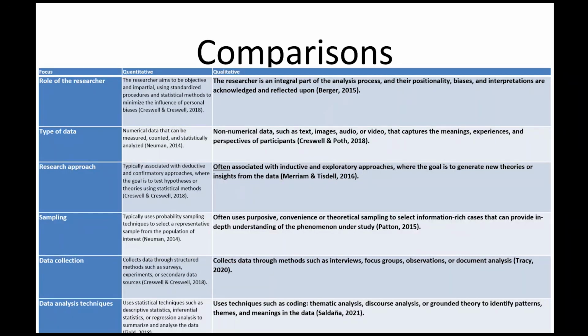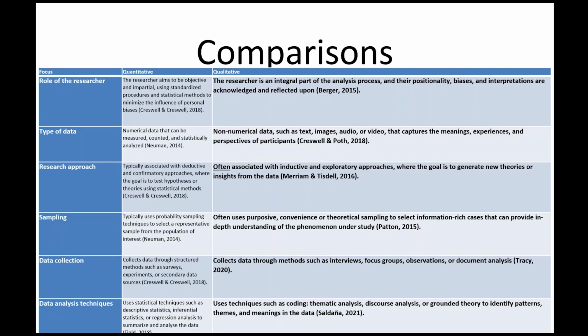The sampling, also the sampling size, the sampling frame, is different to quantitative, where in quantitative it is probability, and these are the techniques to ensure that you select a sample that is representative of the population, whereas in qualitative it is usually purposive and convenience.